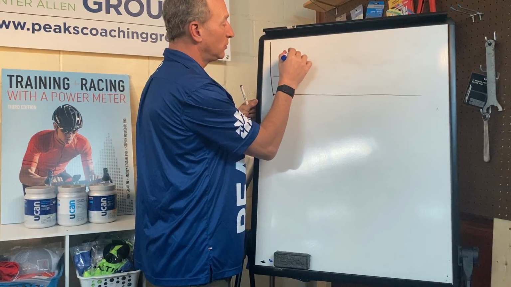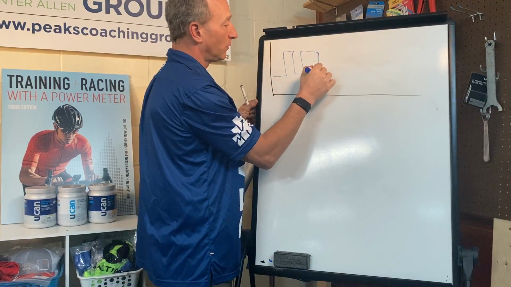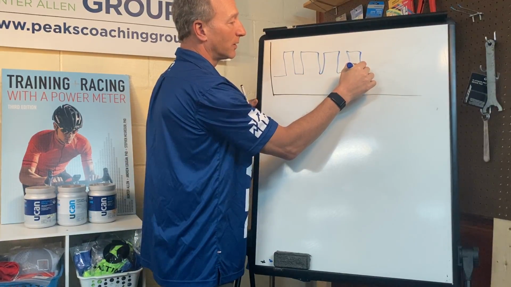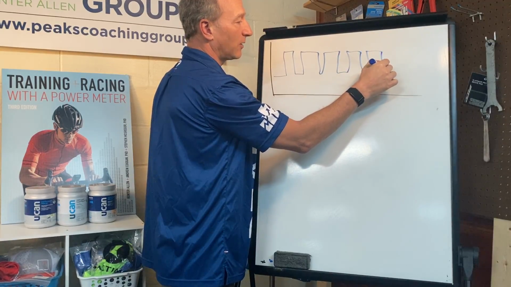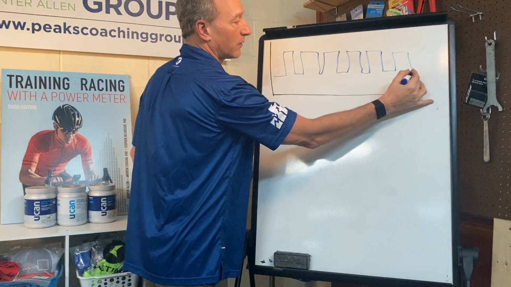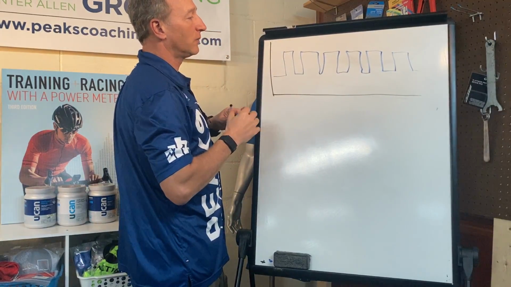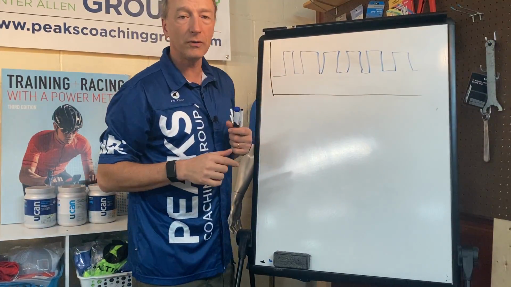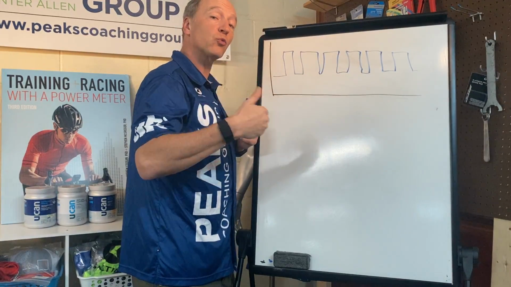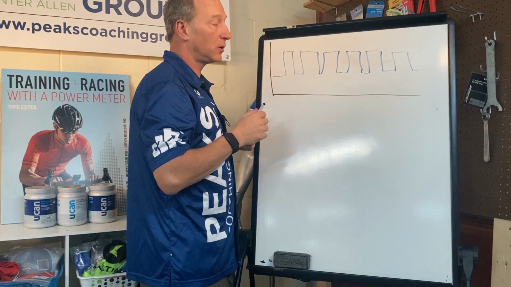So let's do 2-minute intervals, 2-minute intervals, 2-minute intervals. Sorry, this is not my best handwriting, but glad I'm not getting paid for handwriting. We're doing 2 minutes on, 2 minutes off kind of thing. So what's happening in here is I want you to complete all these intervals so that your wattage is relatively stable. You're working on your repeatability.